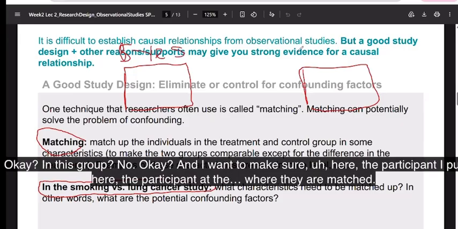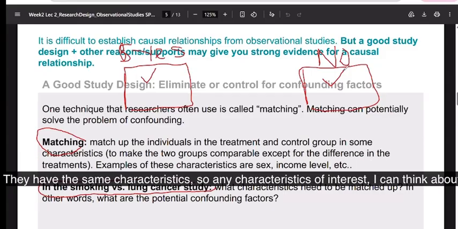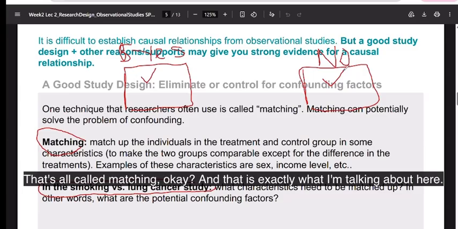In this group, no. And I want to make sure the participants I put here are different but matched. Matched in the sense that they have more or less the same socioeconomic status, the same age, and any characteristics of interest I can think about. That's what I call matching.